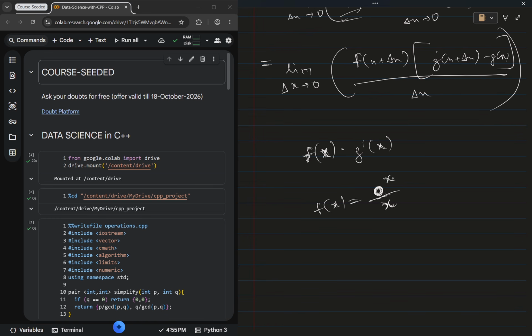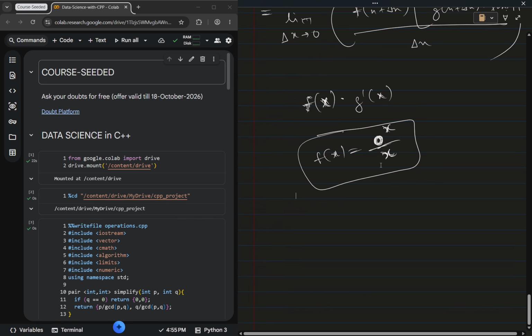So for this, let's try to find its limit or derivative. Instead of keeping it as 0, let's keep it a only, or we can just leave it over here. So we have this delta x tending to 0. This looks good to me, so I just left it there.